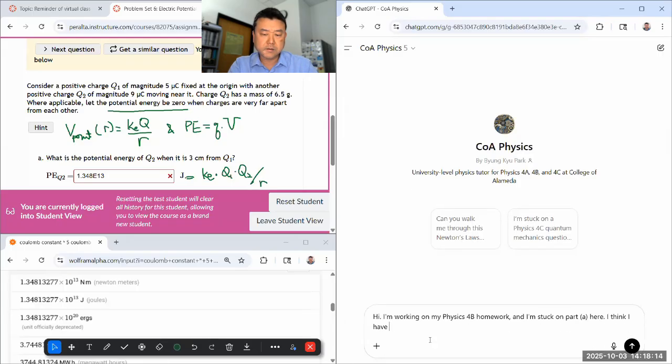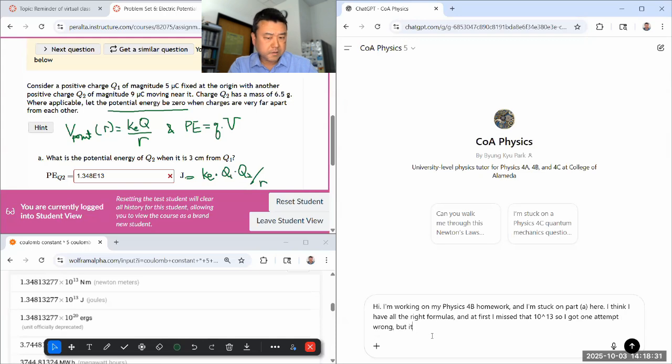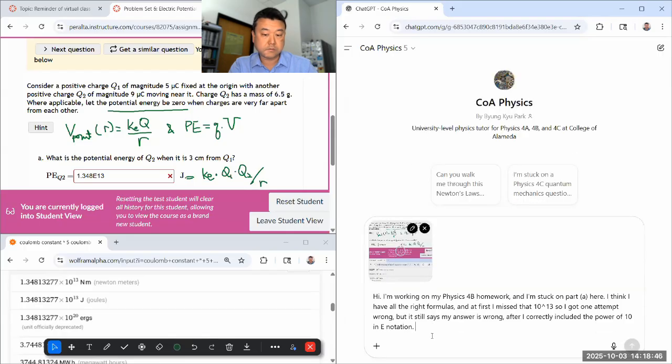I think I have all the formulas, and at first I missed that 10 to the 13, and so I got one attempt wrong, but it still says my answer is wrong after I correctly included the power of 10 in E notation. Can you help?